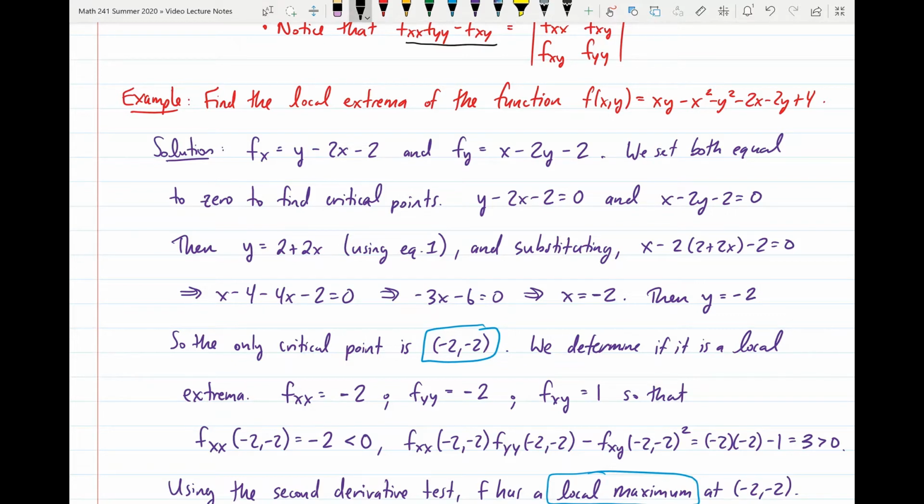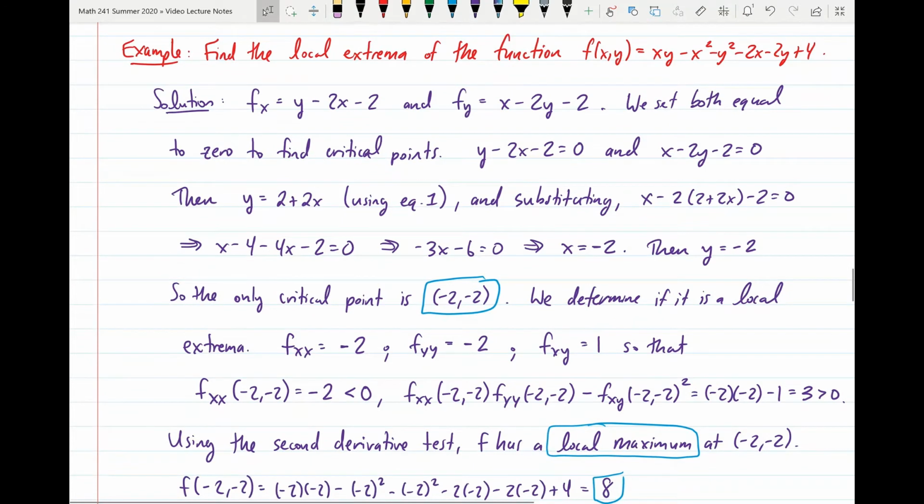Again, you can pause the video and check if you'd like to. And so we're going to set both of these expressions equal to 0 to find our critical points. When we set the partial derivative with respect to x equal to 0, we get y minus 2x minus 2 is equal to 0. When we do the same for the partial derivative with respect to y, we get x minus 2y minus 2 is equal to 0. Using equation 1, we can solve for y. So we know that y is going to equal 2 plus 2x.